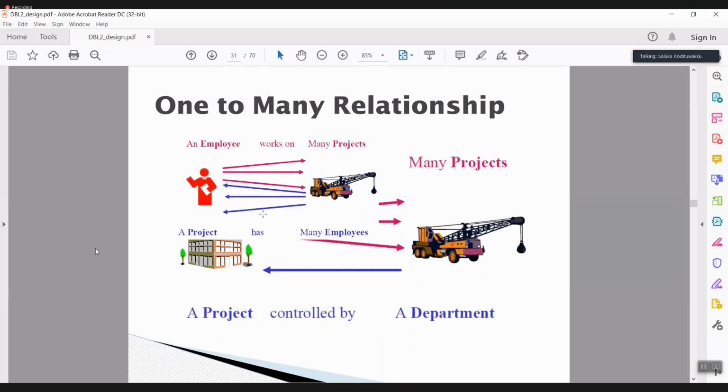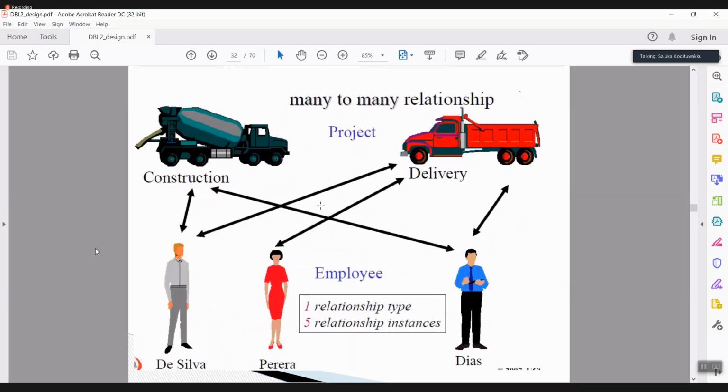But in the case of one-to-many, one instance of one entity is associated with many instances of the other entity, such as a university and its faculties. One university is associated with many different faculties, but each faculty is associated with one particular university. The next one is many-to-many, as I mentioned with course and student.